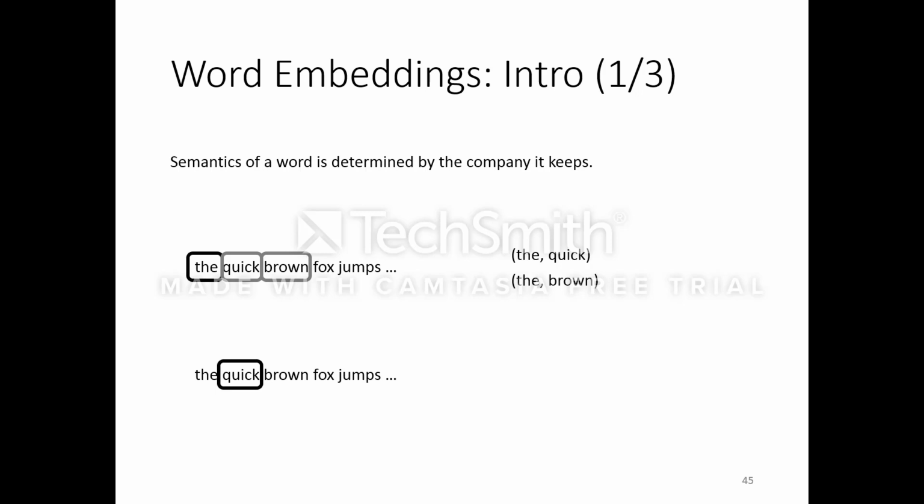And now you have the same window on either side, so you would consider the neighborhood the, brown, and fox as well. So you would generate these 3 pairs, saying that quick has "the" in the neighborhood, quick has brown in the neighborhood, quick has fox in the neighborhood. So we generate a whole lot of these pairs, and we'll use them to learn the word embeddings.